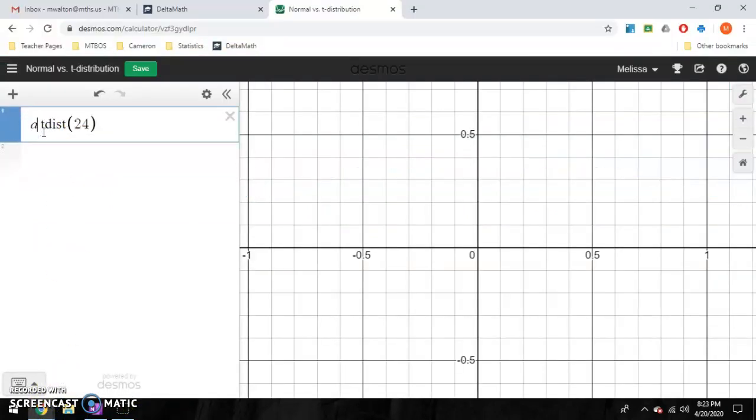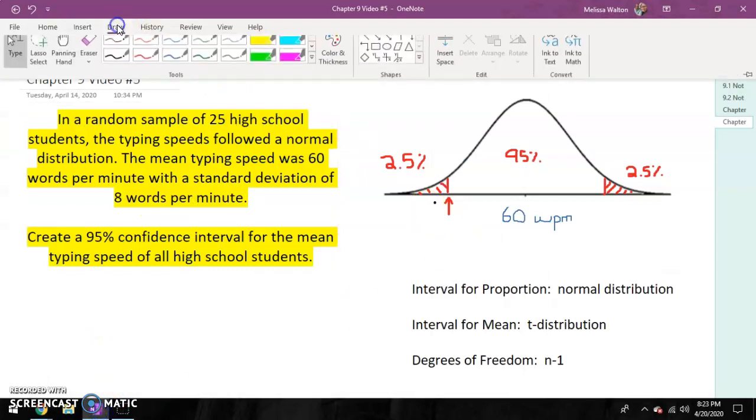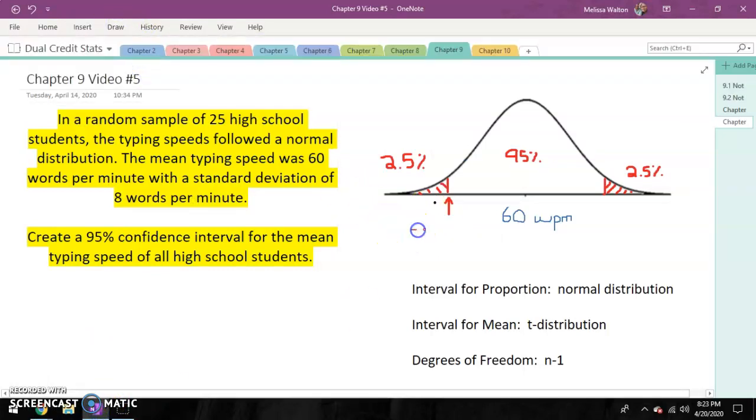I'm boring, I'm going to name it A. Just like we have in the past, this will be inverse CDF. We're looking at distribution A at 0.025. And there is my critical t-value, that is negative 2.06. That is my critical t-value.